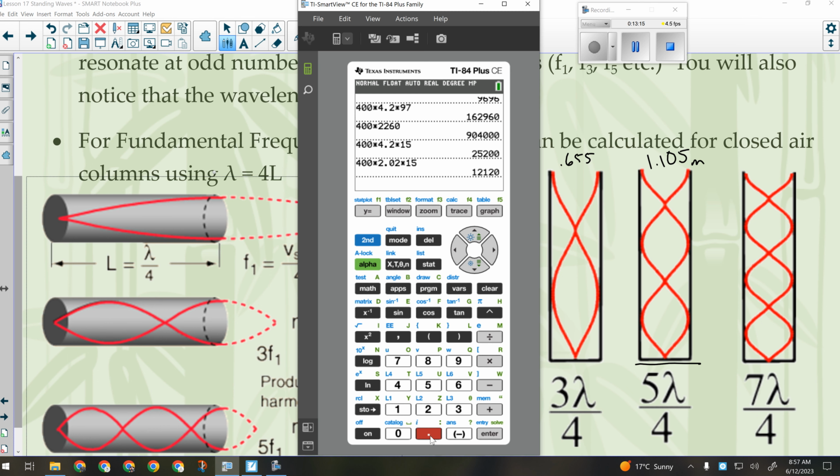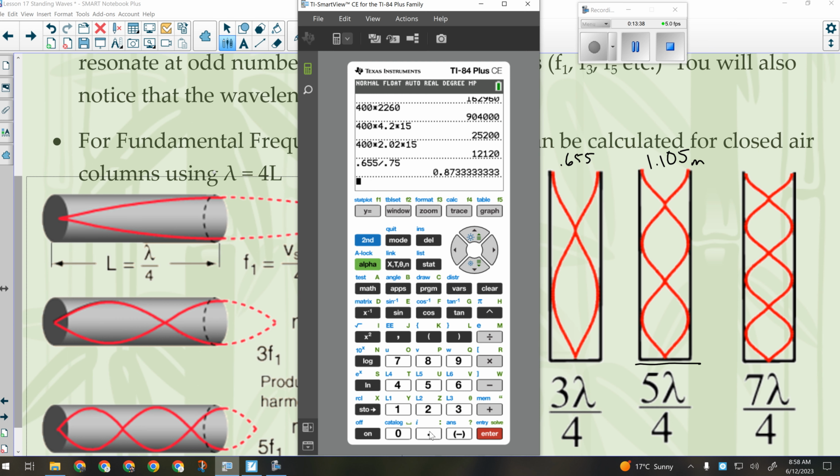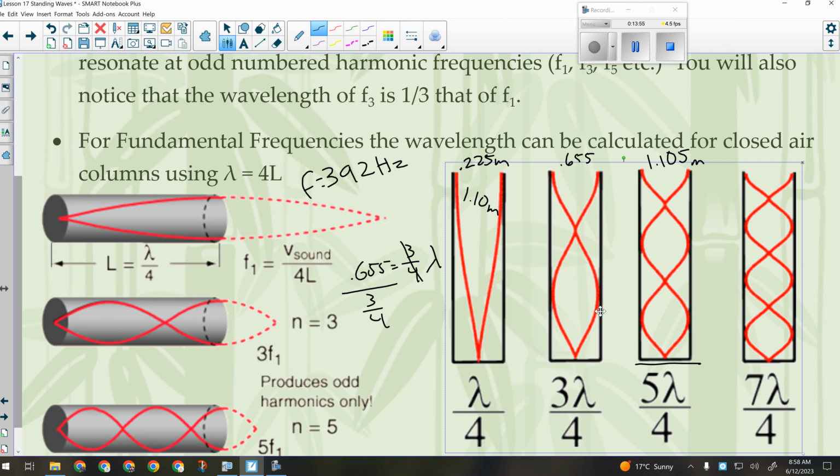So oh, we botched that one. We better double check that. Well, we weren't that far off. Weird. Never had one that worked out like that, but this one worked out perfect.